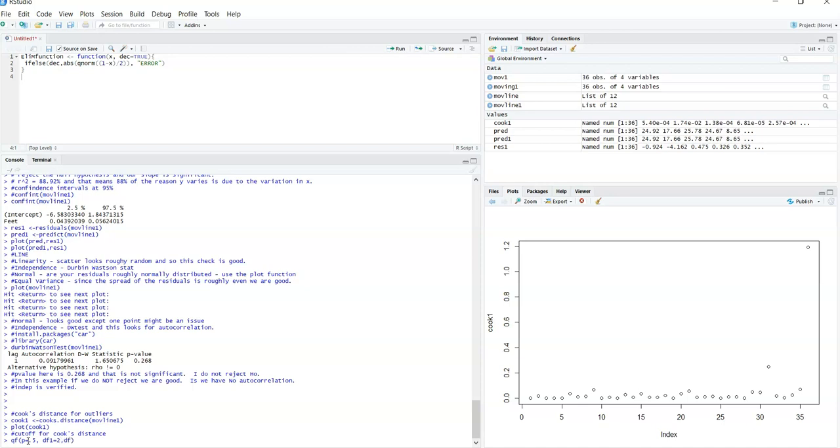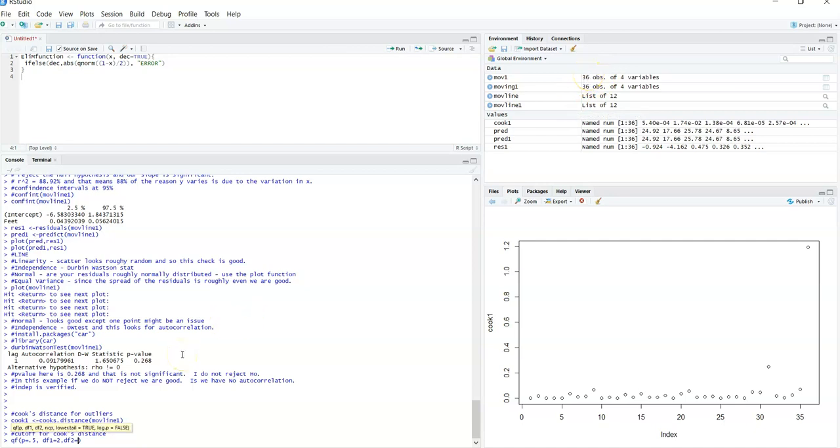We also need to know the degrees of freedom for our denominator. That would be n minus k minus 1. N would be the total number of observations in your set, and as you can see, our total number in our set is 36.